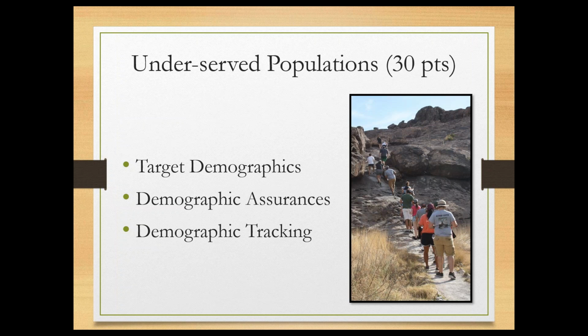Those 4 target demographics that I mentioned earlier are going to be scored here, and I'll go over later in detail how that looks within the application. We're also scoring if you have a clear estimate with likely assurances that you'll meet those demographics and a clear plan to collect and report on the actual demographics served.